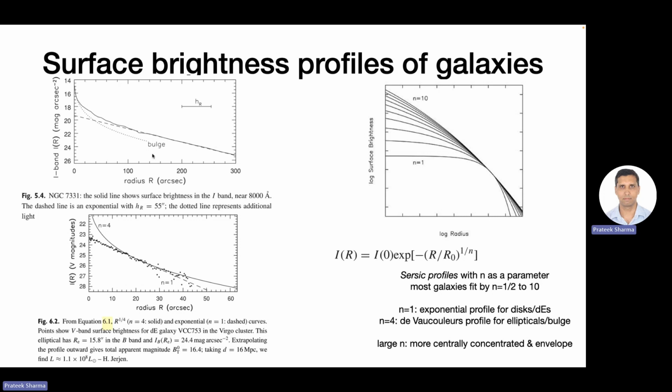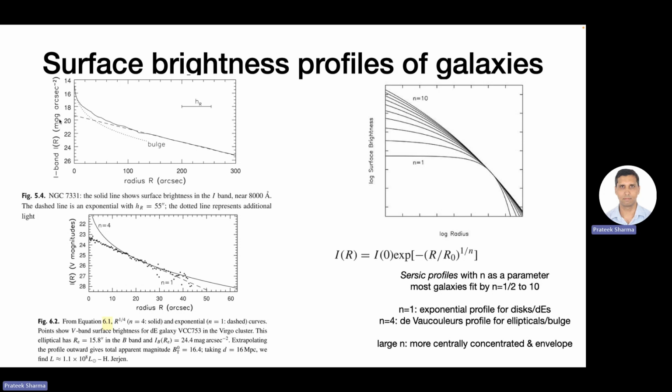So these are some examples of measured surface brightness from nearby galaxies. Right. So, for example, here, this is I band magnitude. So the surface brightness measured in I band.